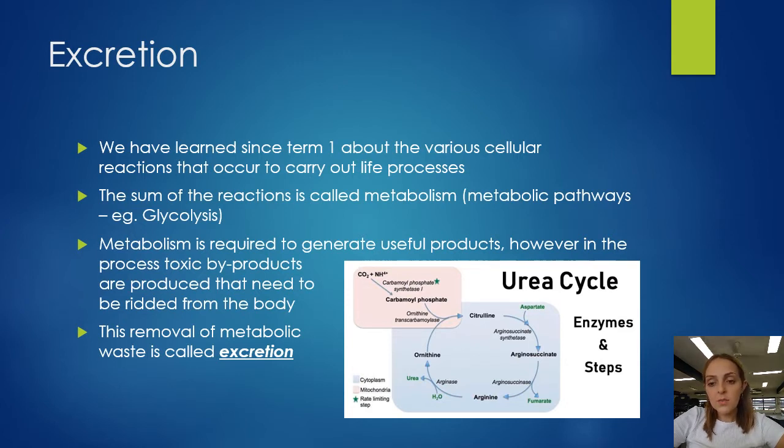There are other cycles that happen in the body as well, and one of the byproducts that we're going to look at are the toxic products that are produced when our body breaks down proteins, and we need to get rid of those byproducts, otherwise they'll build up in the body and we have issues that come about from that. So the removal of those metabolic wastes is called excretion.